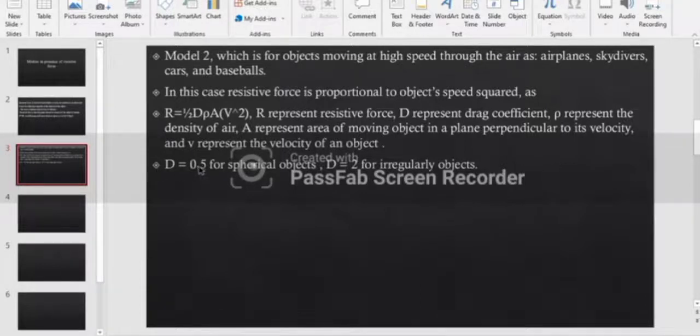And D is equal to 0.5 for a spherical object and equal to 2 for irregular objects.